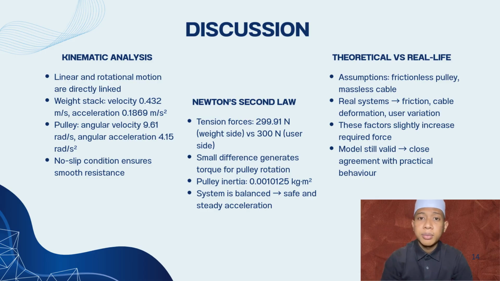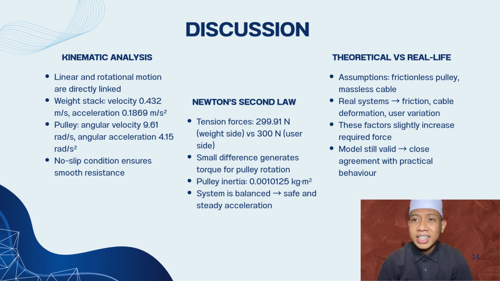Okay, the second point is the application of Newton's second law. Newton's second law was applied to both translational and rotational motion. The tension forces were nearly equal, with 299.91 Newton acting on the weight side and 300 Newton applied by the user.